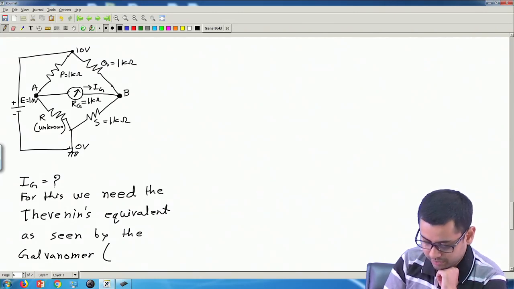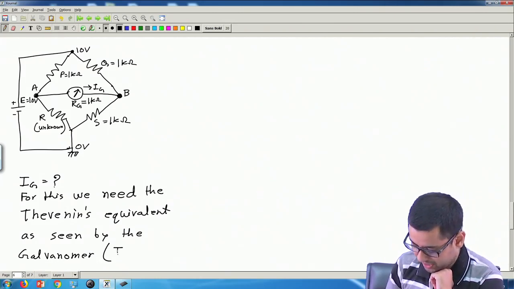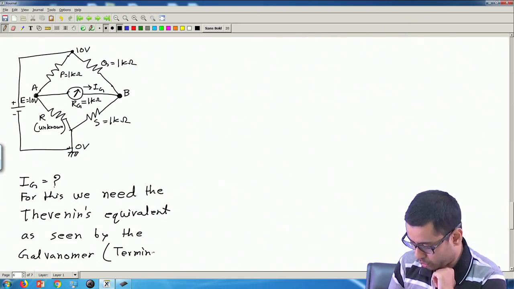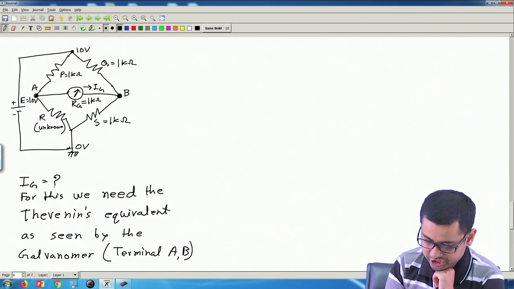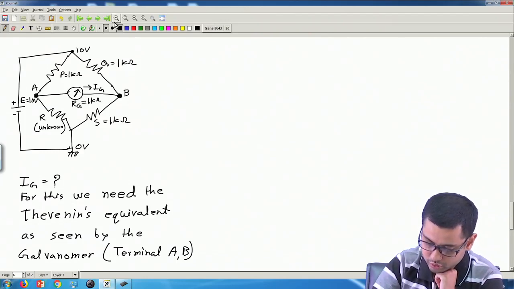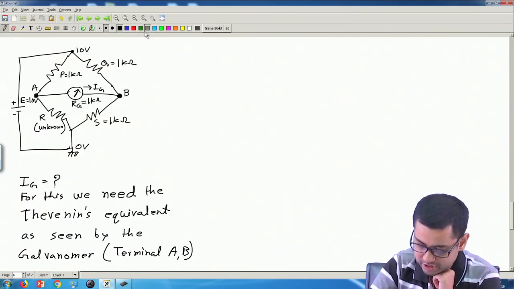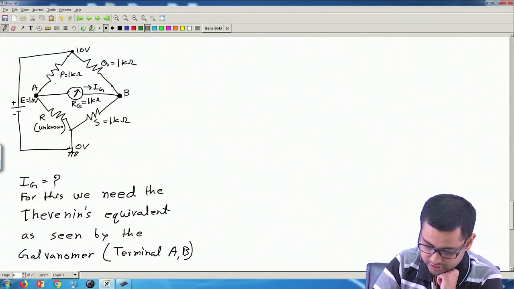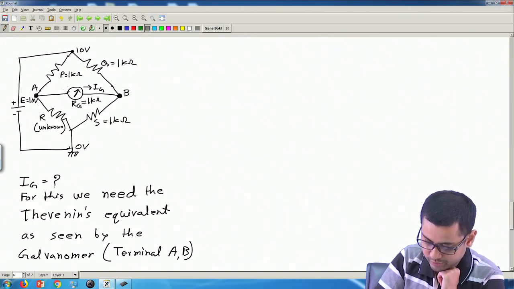That means from the terminal A and B, terminal AB or port AB. So, between these 2 points we will find the Thevenin equivalent of the circuit, as seen by this galvanometer.